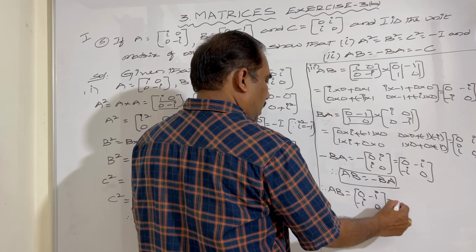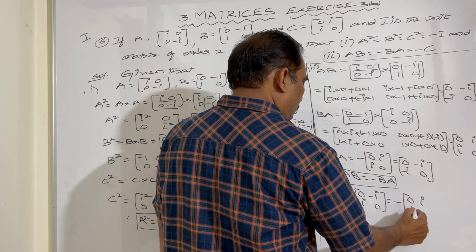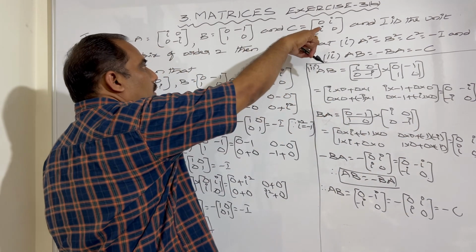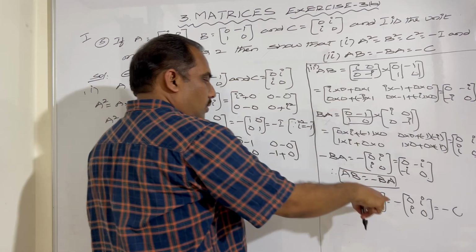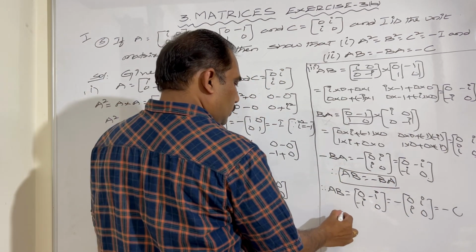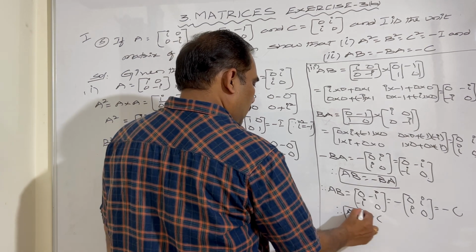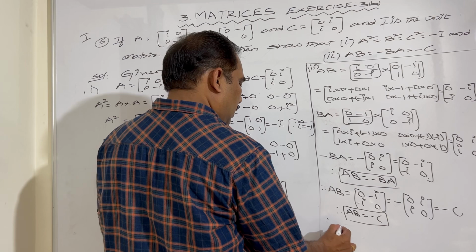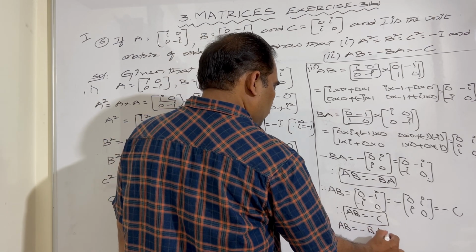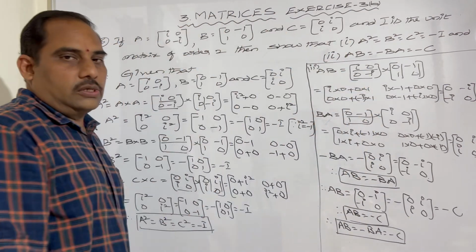Then if you take minus common, we can write 0, i, i, 0, which is equal to, we can write, minus C. Observe here, 0, i, i, 0, that is we have C. So that's why that is minus C. So therefore AB is also equal to minus C. So finally we can write, therefore AB is equal to minus BA is equal to minus C. So like this we can prove the second bit also.